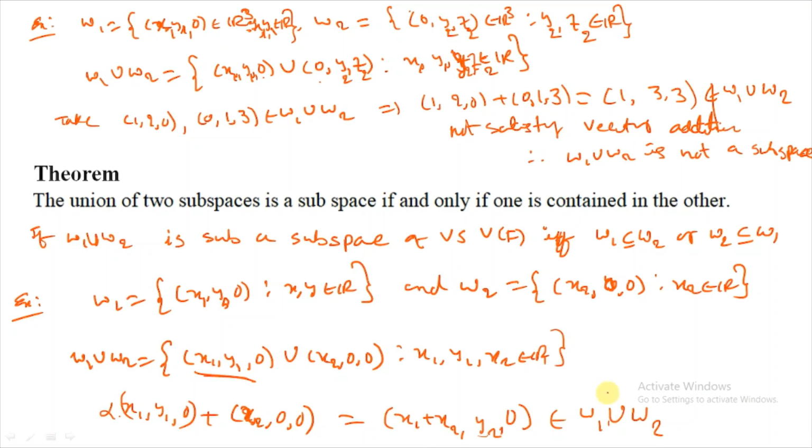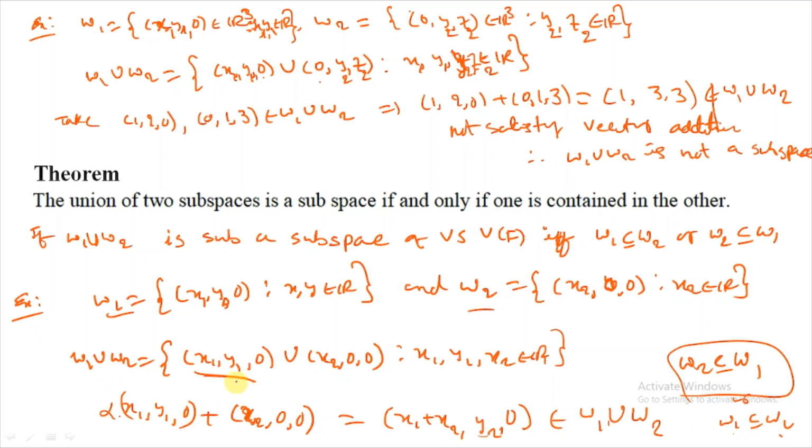So it's a subspace. Why is it a subspace? Now observe here, we are taking W1 and W2. Observe here, W2 is contained in W1. That's why it's a subspace. Otherwise, it's not a subspace. It must be either W1 containing W2 or W2 containing W1. In this case only, the union is a subspace. Otherwise, it's not a subspace.